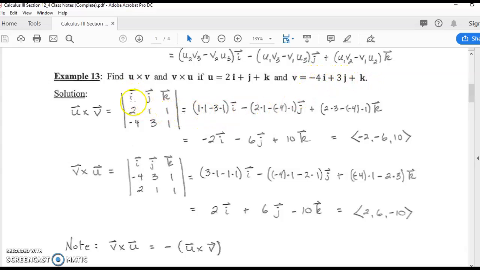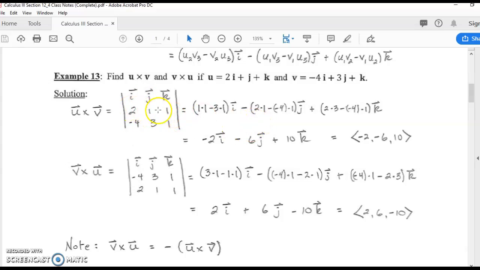For the i, what's multiplied by i is this 2 by 2 determinant, 1, 1, 3, 1. So it's 1 times 1 minus 3 times 1. 1 minus 3, minus 2i. Remember, you need a minus sign in front of the scalar for j. So the 2 by 2 for j is this 2, this 1, right? Not the column under j. So 2, 1, minus 4, 1.